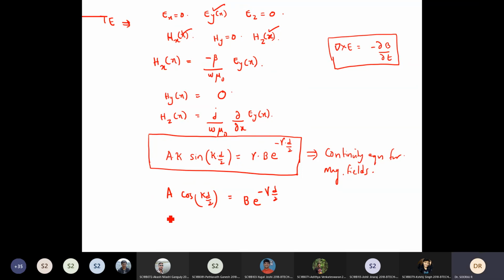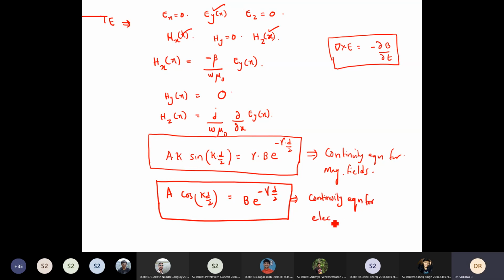So this is the continuity equation for the electric field.